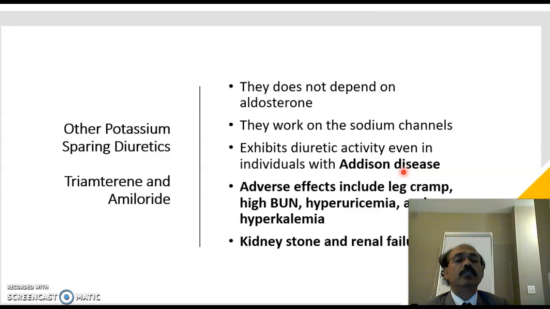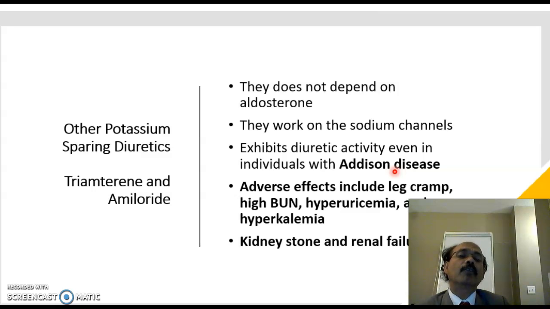This is a condition of hypoadrenal cortex function, so hypoaldosteronism. Okay, that is Addison disease. So these two drugs will work even in a patient with Addison disease, but spironolactone cannot work in a patient with Addison disease because spironolactone is a mineralocorticoid antagonist.